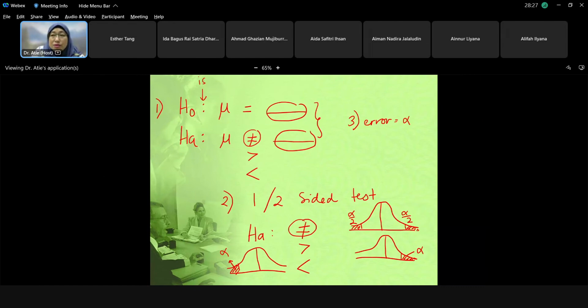If you don't understand this foundation, these basic things, it's going to be very, very hard for you, because we are going to use hypothesis tests all the way until the last week of this class. It is especially important for you to answer your final exam.